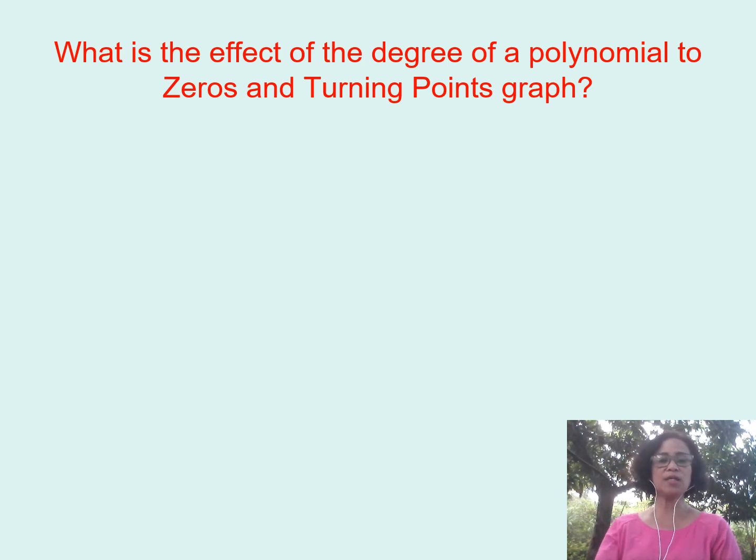Moving on, let us now understand the effect of the degree to the zeros and turning points of the graph. So first, what are actually zeros and turning points? To begin with, let me discuss the zeros of a polynomial function.